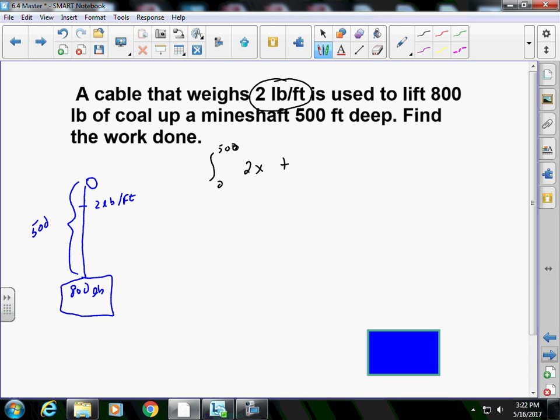But this time, I'm going to say that I have an 800-pound coal. Because the coal is being raised from 0 to 500 feet, I'm going to choose to integrate it this time. And you'll see that whether I integrate it or don't integrate it, it works the exact same. So I'm doing this because, yes, this is moving the same distance.